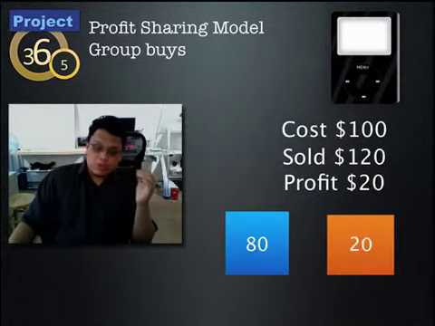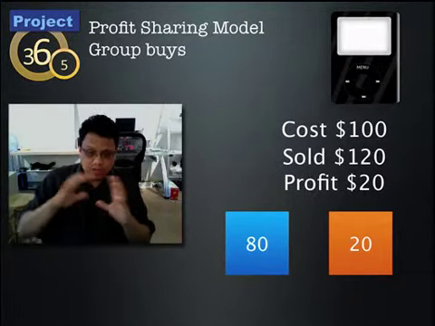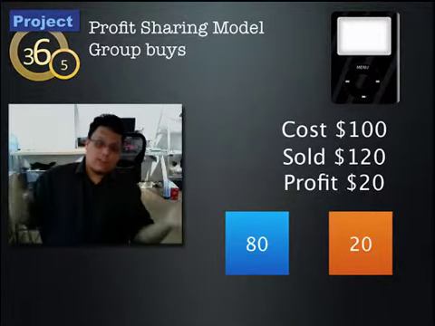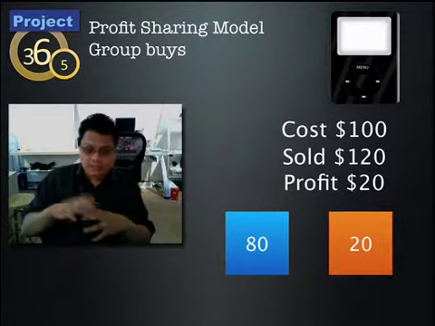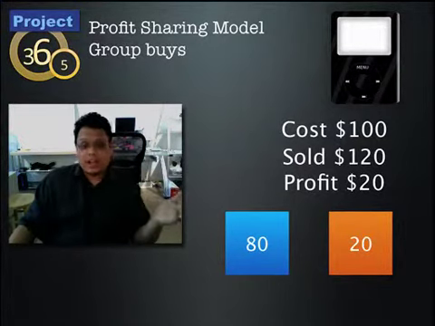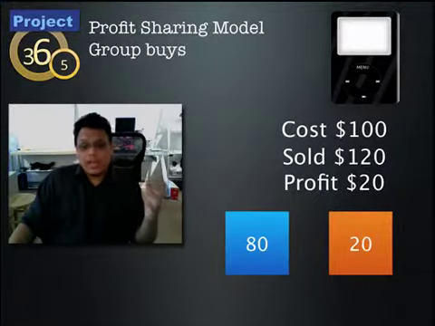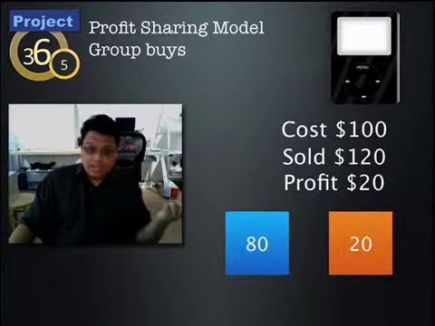And what we're going to do is split this structure 80-20, because I'm building the infrastructure behind all this. We're putting this all together, taking all the overhead, and setting up all the back end stuff. So we're going to split this 80-20, and that's how we're going to structure the profit sharing in the group buy. So 80% is going to go to the house, because we've got all this overhead to pay for and all the structure to accomplish, and obviously staff and whatnot.